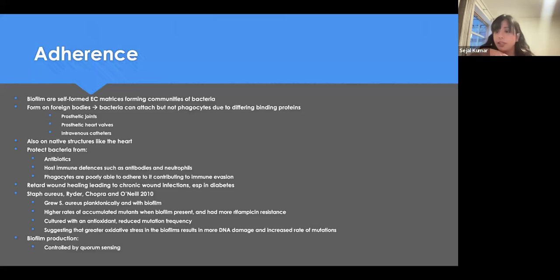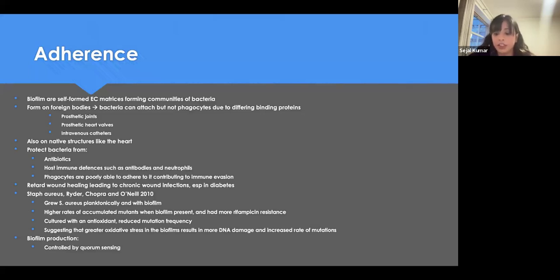When they cultured it with an antioxidant, this reduced the mutation frequency. That suggests that the mechanism for more mutations happening with a biofilm may be related to greater oxidative stress, because the antioxidant reduced mutation frequency. But that's a really good one if you want to look it up.